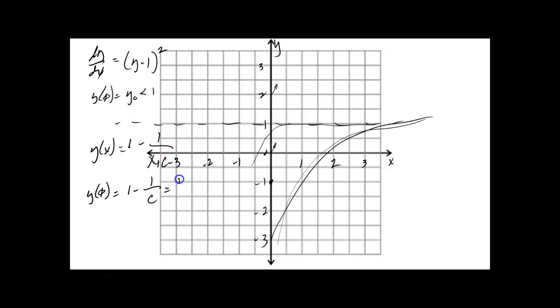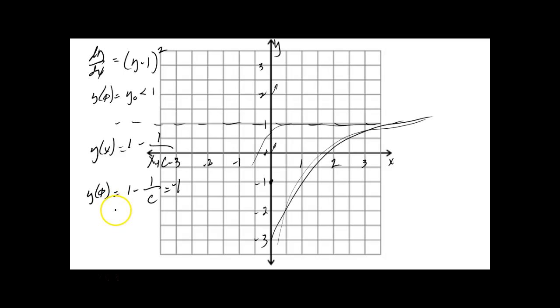And you know that's equal to 1. So, no, it's equal to -1. y of 0 is -1. Okay? Because when you put an x equals 0 in there, okay? So what do we have then?